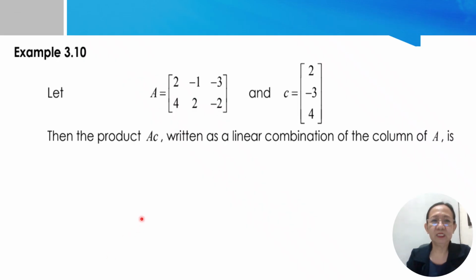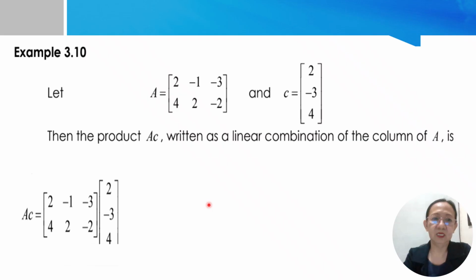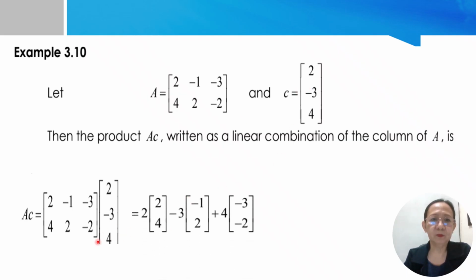So, example 3.10, we have the entries for A: 2, negative 1, negative 3, 4, 2, negative 2, and C, we have 2, negative 3, 4. Then, the product AC, written as a linear combination of the columns of A, is, we get our entry for C sub 1, which is 2, multiplied to the first column of our A, 2, 4.